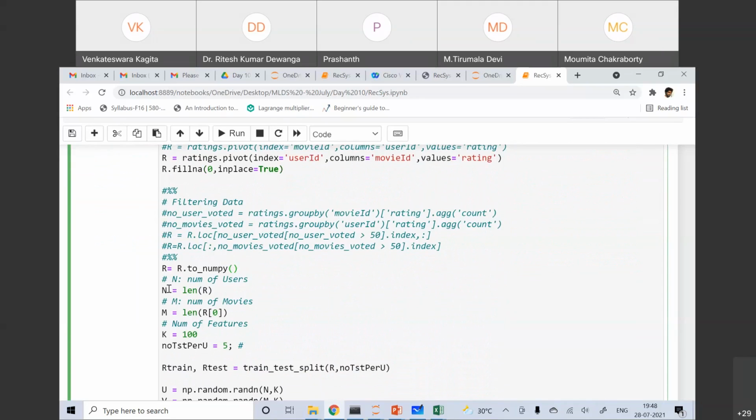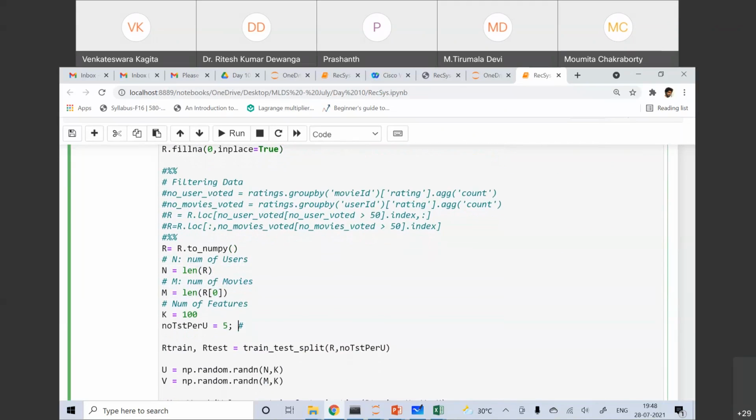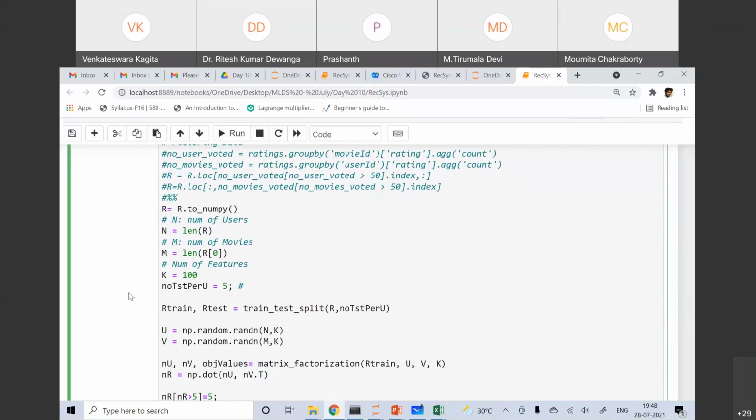Then you take length of R as the number of users, and length of R[0] as the number of columns, which is M, the number of movies. Then this is the number of features that you are initializing, the number of latent factors you are deciding, which is usually less than the minimum of M comma N. The number of features, K, is also one of the hyperparameters that you need to tune, but usually it is 50, 100, or 200, something like that.